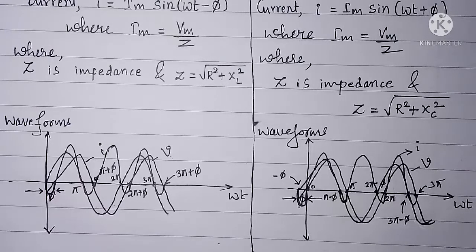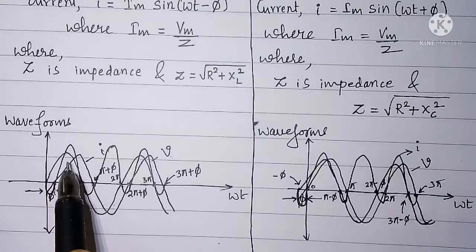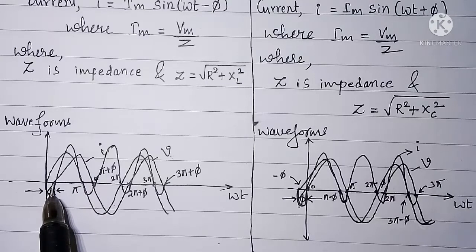So in both these cases, we can see that positive power is more than negative power in each half cycle.